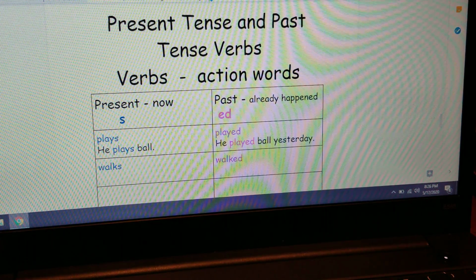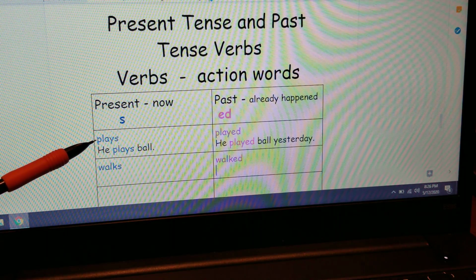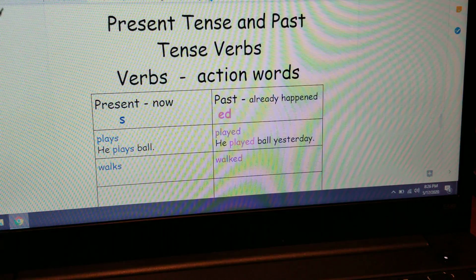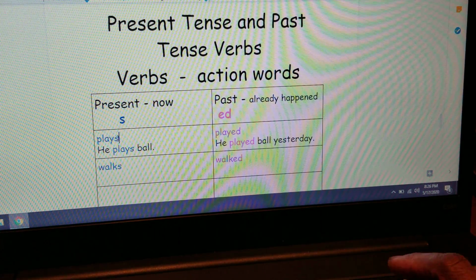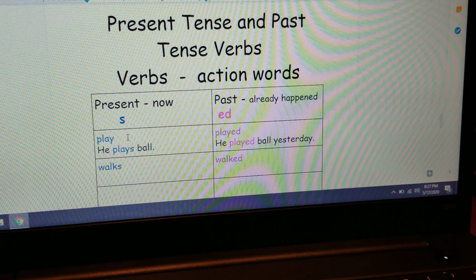Let's look at an example. What's this word? It is a verb. Yes, it's the verb plays. Now it comes from the actual root word without the S. It's just play. But when I want it to be in the present tense, I have to put an S on it.